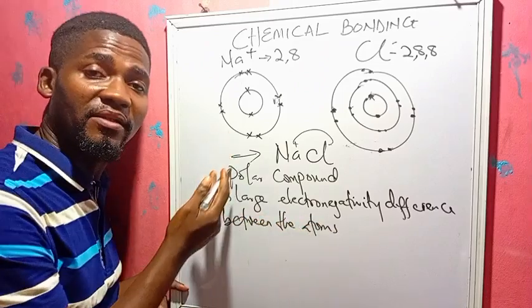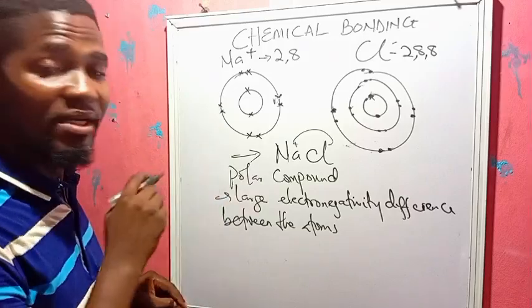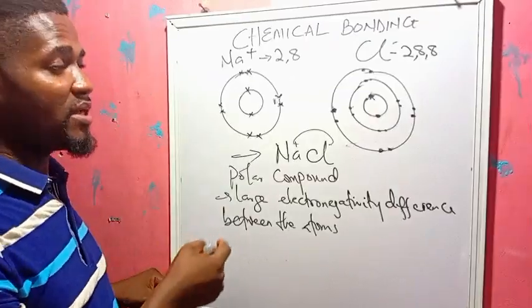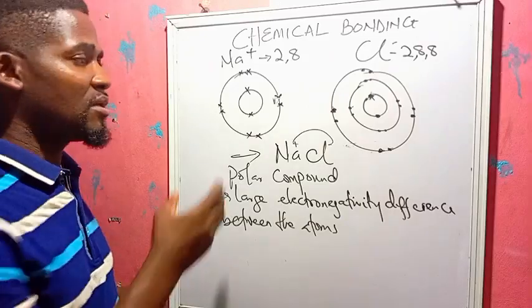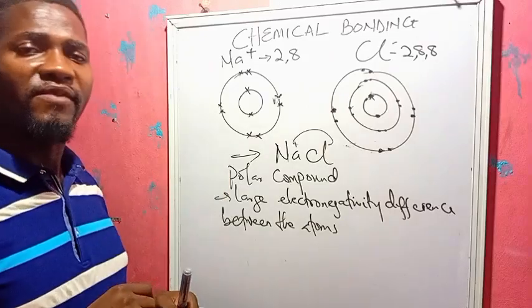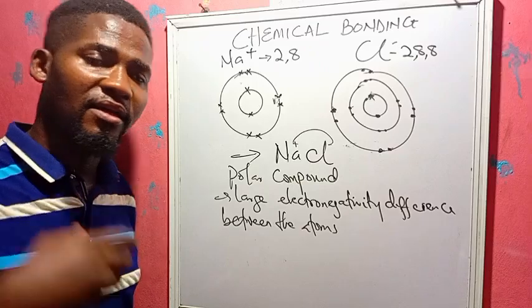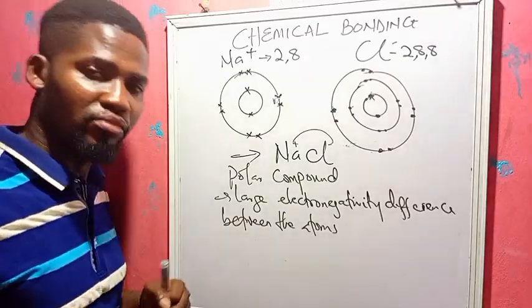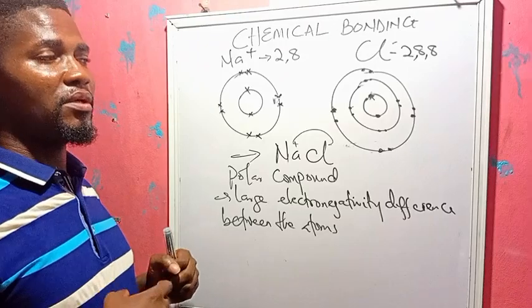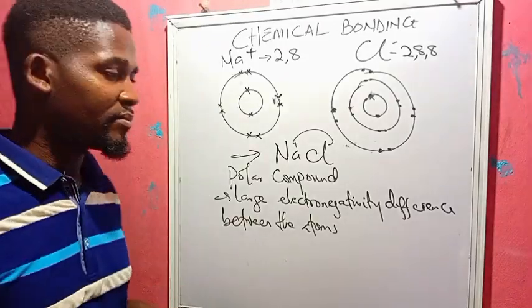Remember, one is a metal, the other is a non-metal. So the metal is more electropositive, while the non-metal is more electronegative. The metal has a very low electronegativity value, while the non-metal has a very high electronegativity value. That establishes that bond between those atoms that have ionic bond.